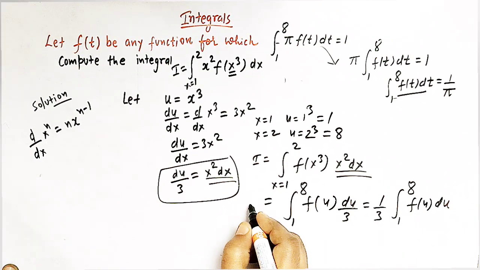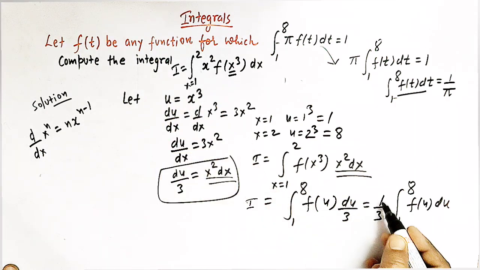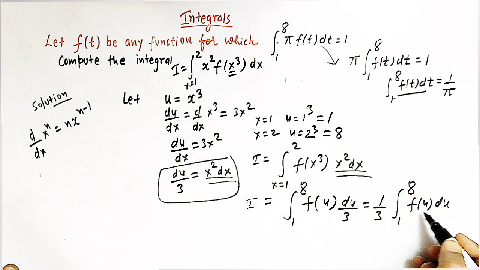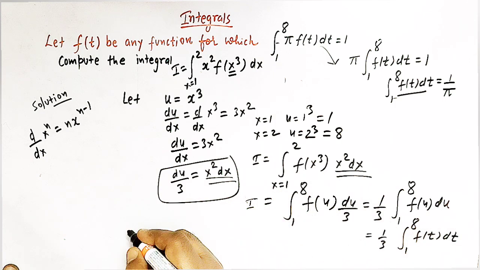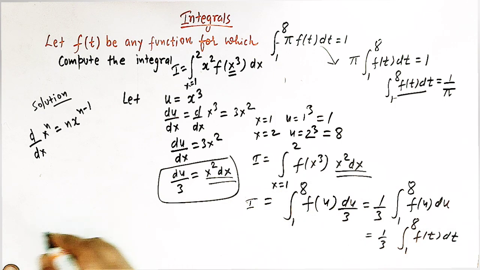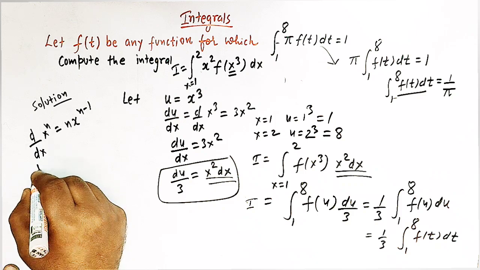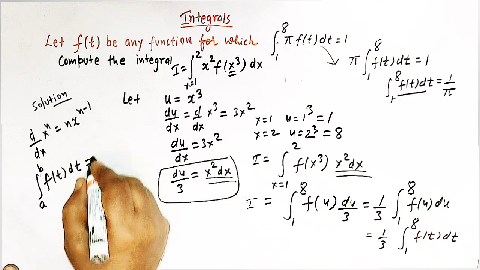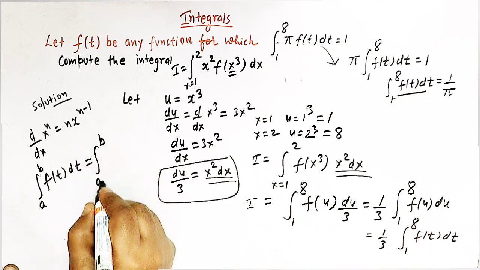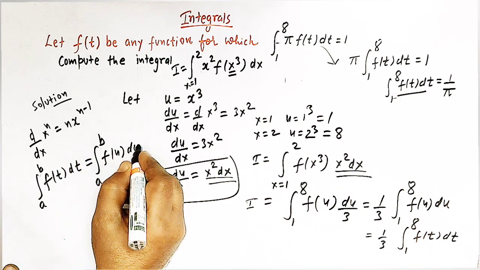So now the value of this integral is 1 over 3 times the integral from 1 to 8 of f of u du, right? So now if we here change the variable u to t, then we can also write 1 over 3 times the integral from 1 to 8 of f of t dt, because from the dummy variable property of definite integrals, we know that the value of the integral from a to b of f of t dt is same as the integral from a to b of f of u du, right?